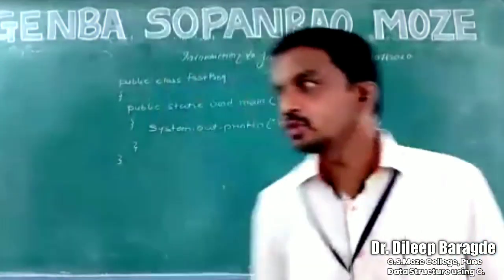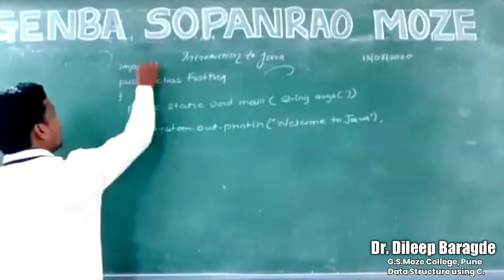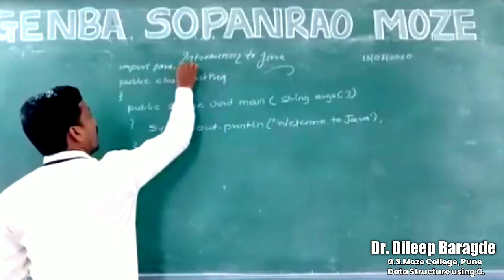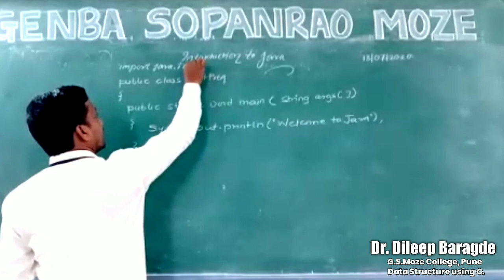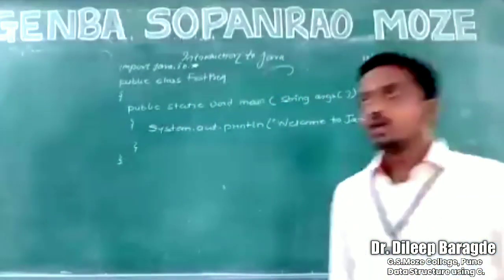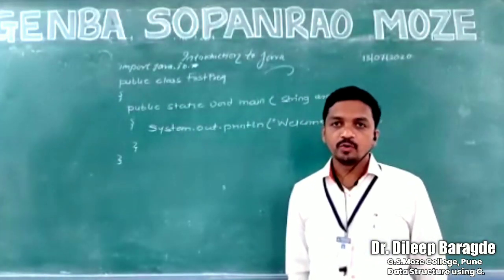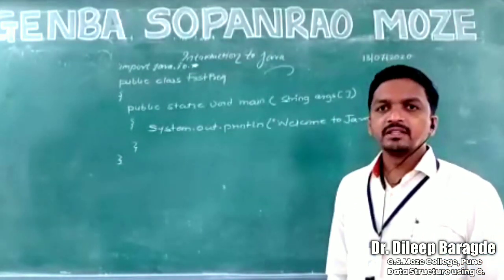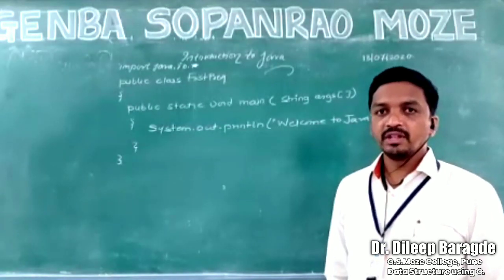So the most important statement is import java.io.*. Here I stands for input, O stands for output. As we know, #include <stdio.h> means standard input output, the same thing will be here. This package is used for input or output purposes. So we are importing this package.